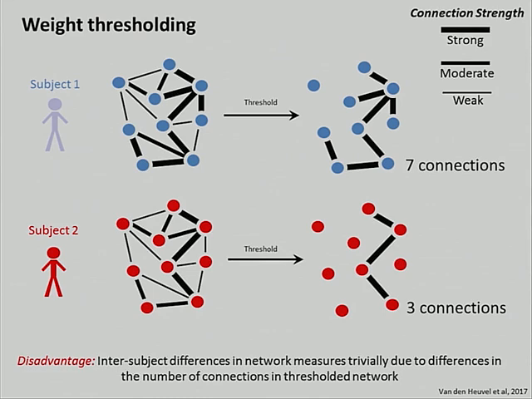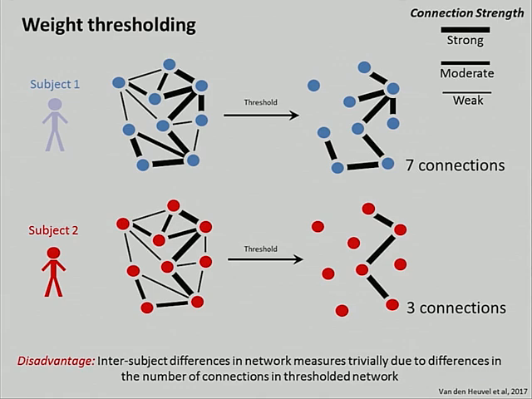They're the ones that are shown with the thin lines. Therefore, when we prescribe a weight, in the thresholded networks, there's a difference in connection density, or in other words, there's a difference in the number of edges. So subject 1 comprises 7 connections, whereas subject 2 comprises only 3. And that's because subject 2 overall comprises a greater frequency of weak edges.